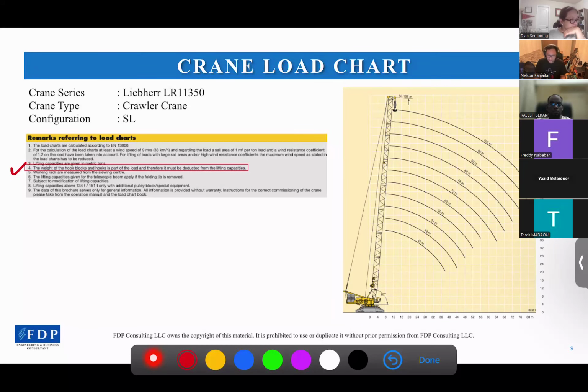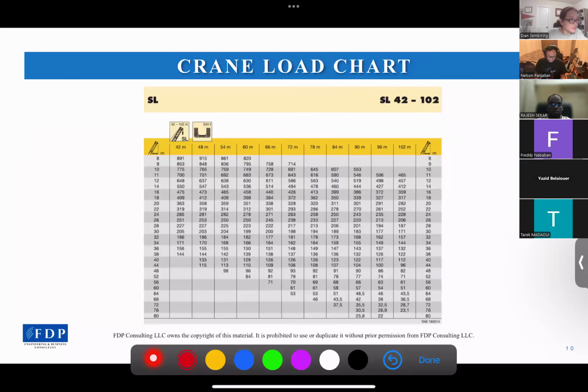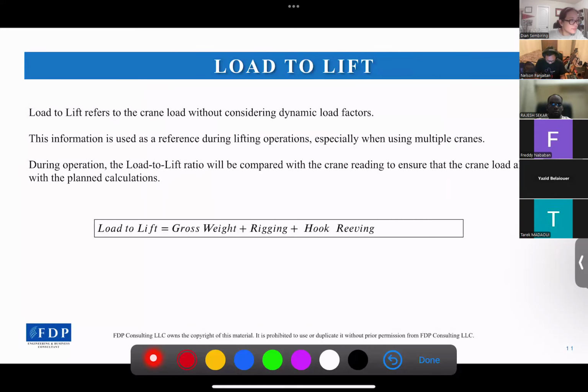And then we can find the capacity based on our requirement. But don't forget to calculate the hook and rigging weight and put that into the load calculation. And then we continue to load to lift.